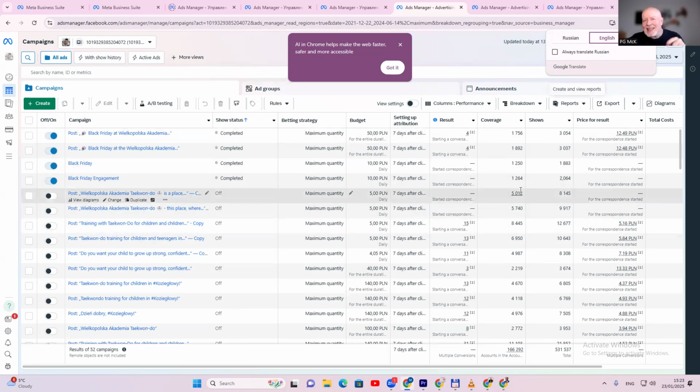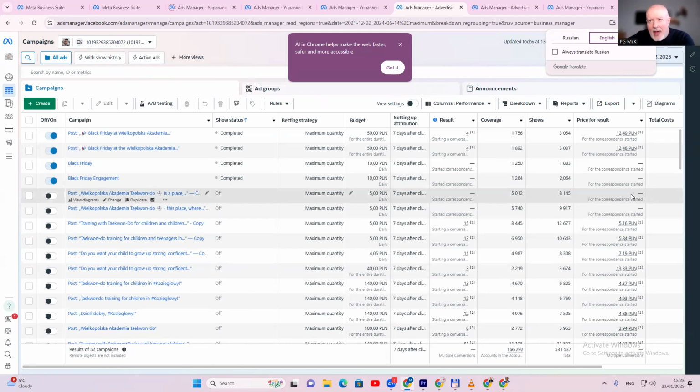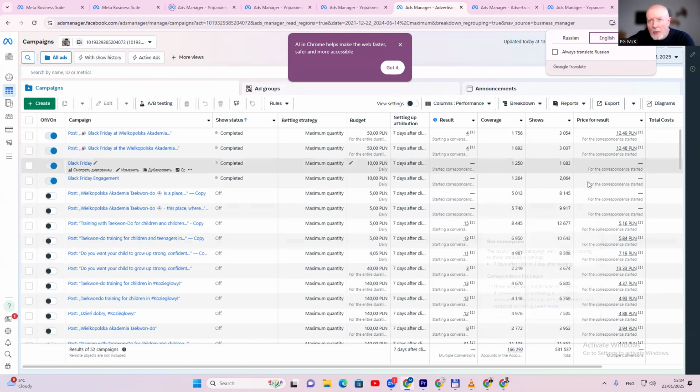If we translate it to Russian, then we can use all of the things. But if we translate it to English, then it doesn't work properly. This is what we're trying to work out, because we can see in the Russian language which ads have been the most successful.